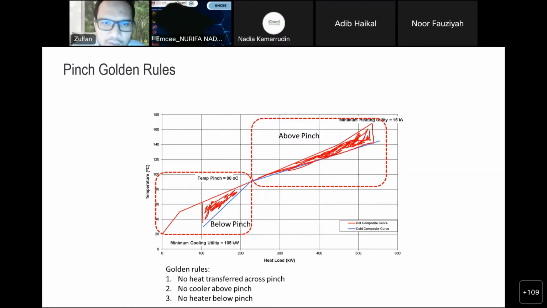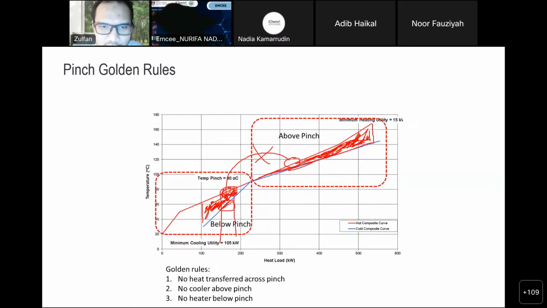That means you cannot, for example, take this part of the cold streams and use heat from here to this one. That is not allowed, because if you do so, you will see the complications that I've explained before. So what we have to do is stick with its own region. This stream has to be heated by a stream in its own region, somewhere around this.